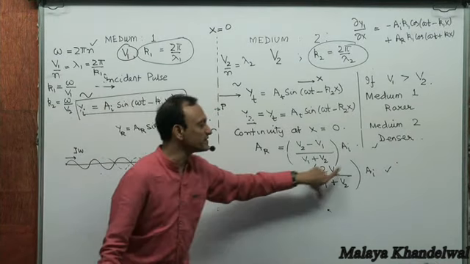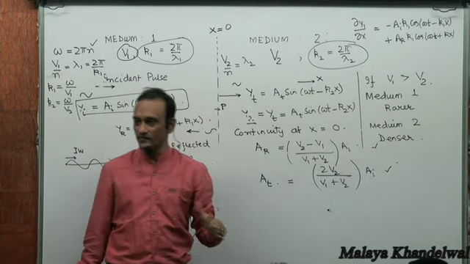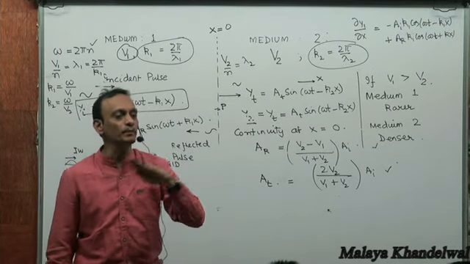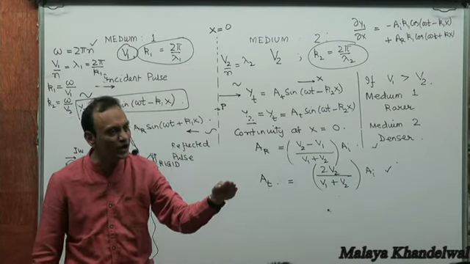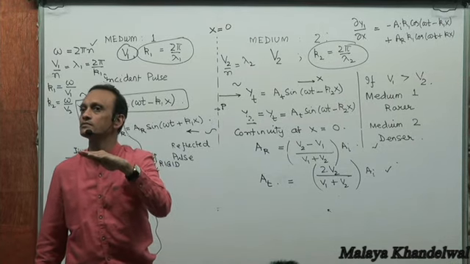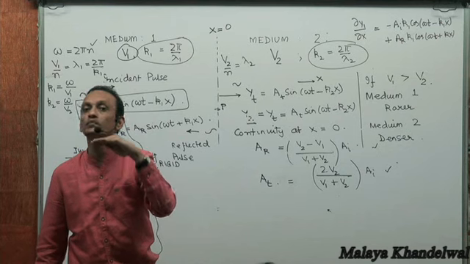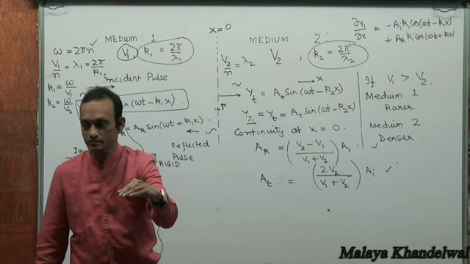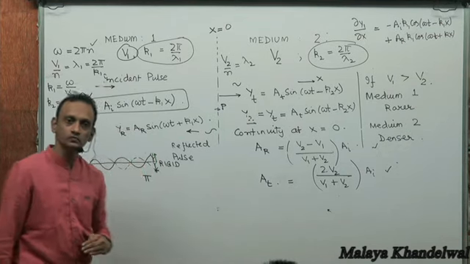AT is positive, as you can see, AI is also positive. It will never result in change of phase, whether the passage is from a rarer to a denser medium or a denser to a rarer medium. The transmitted pulse would be in phase with the incident pulse. Yes or no?